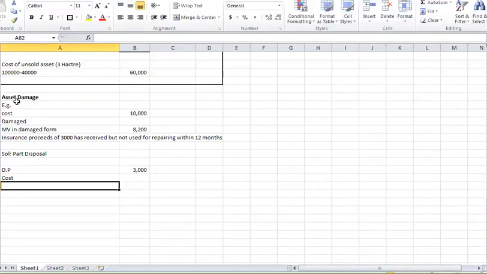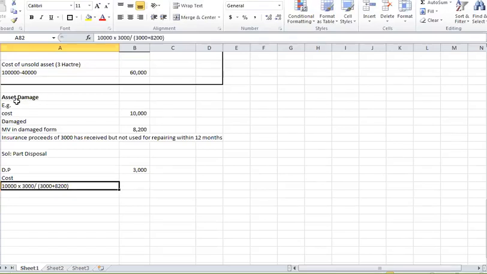We write down the full cost, £10,000, multiplied by the selling price, which is £3,000, divided by the selling price, which is £3,000, plus the market value of the remaining asset. The remaining asset is in damaged form, and its market value is £8,200.